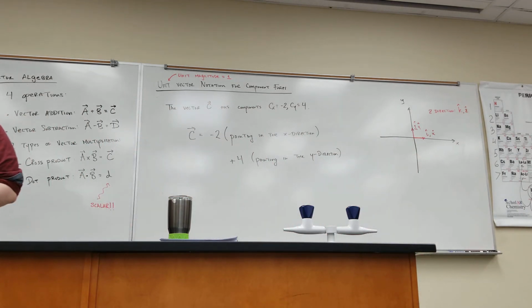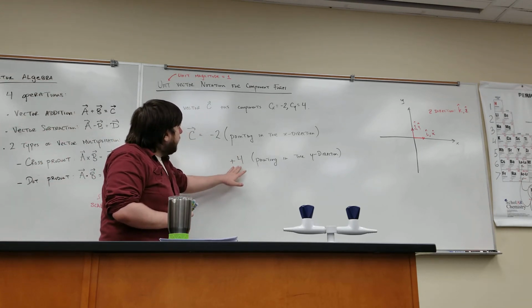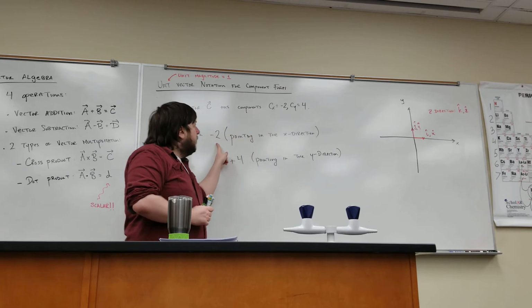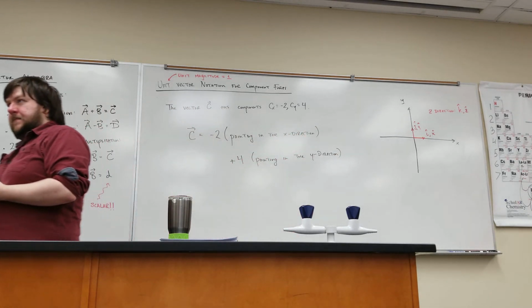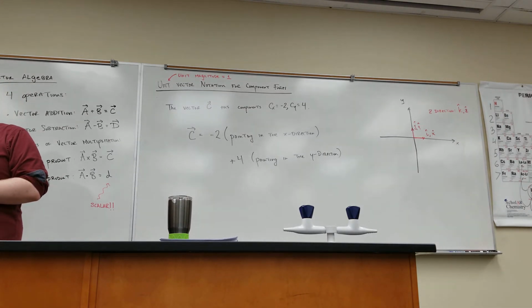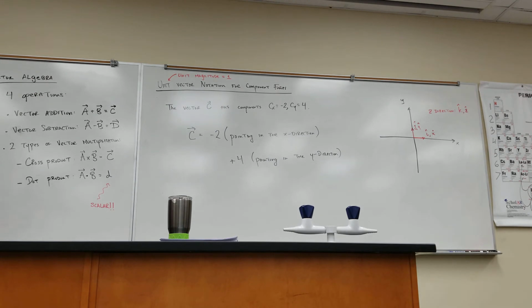All you have to do is take these numbers that describe the components and multiply them by their corresponding unit vectors. The reason this works is because there is one operation between scalars and vectors. When I wrote down these operations, notice on the left-hand side, it's always 2 vectors.